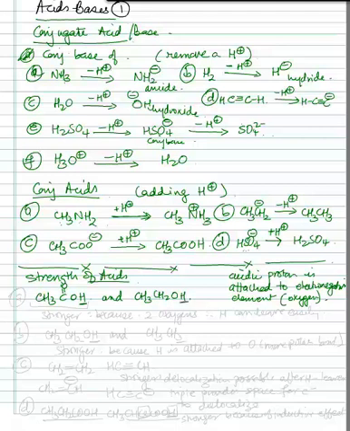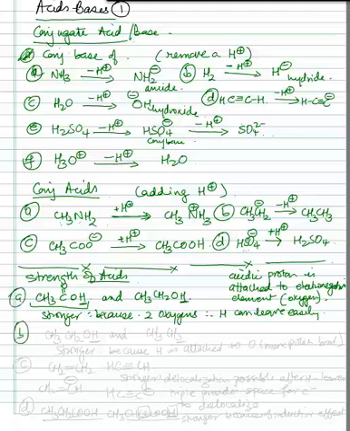So which one is a stronger acid? This is stronger. But then why? Because there are two oxygens, therefore H can leave easily. In alcohol there is only one oxygen, so it's not so much ionizable, whereas in carboxylic acid it is easy to ionize. So that is one example.